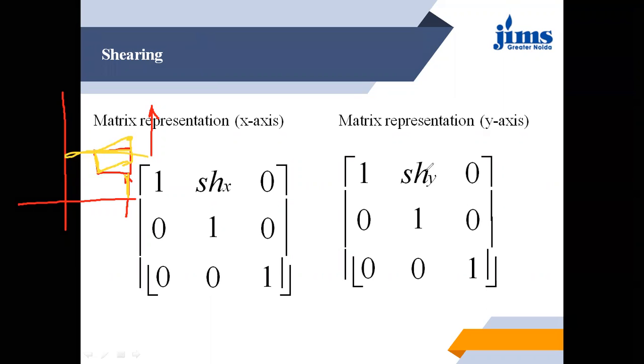So from here, when we multiply this by x, y, meaning the coordinates of an object, you can see that this row is multiplied by this column. So this is 1 multiply x, which equals x plus shx, sorry, shy.